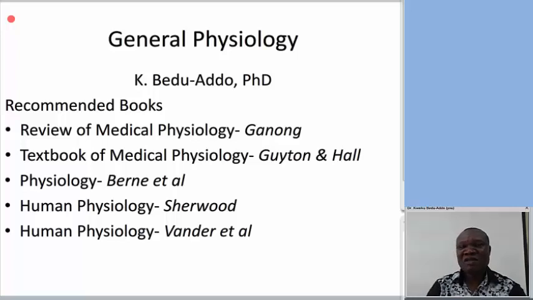Now, there are a lot of other physiology books. You can get those ones and read them too. And I believe the most appropriate is the one you understand most.